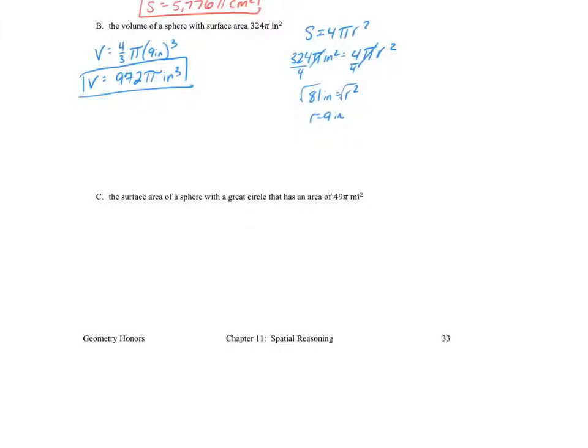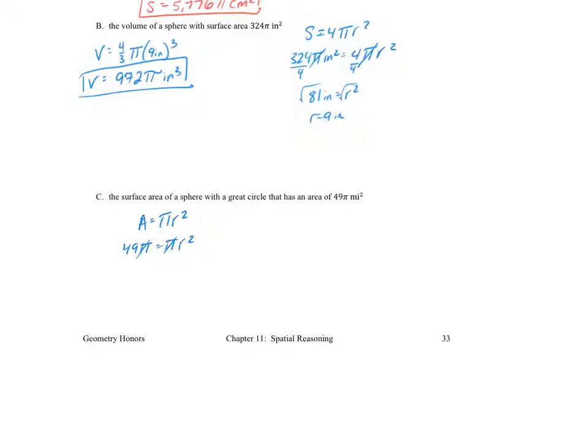Okay, and C, the surface area of a sphere with a great circle that has an area of 49 pi miles squared. So if the area is equal to pi r squared, then 49 pi is equal to pi r squared.